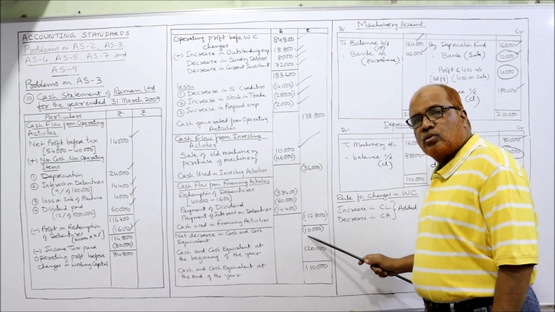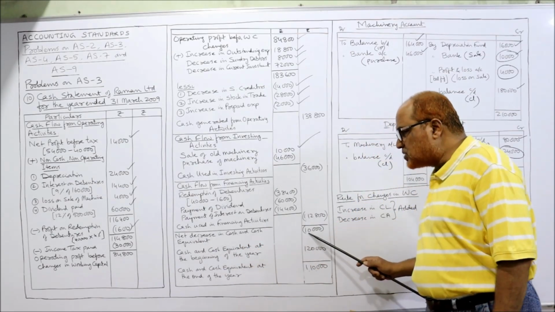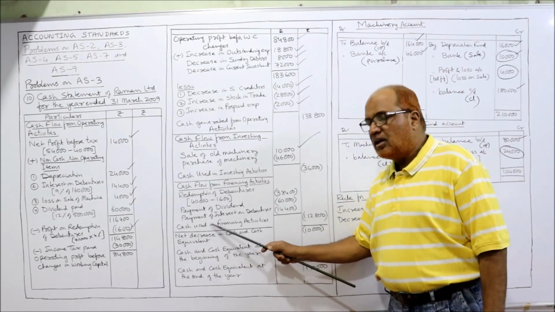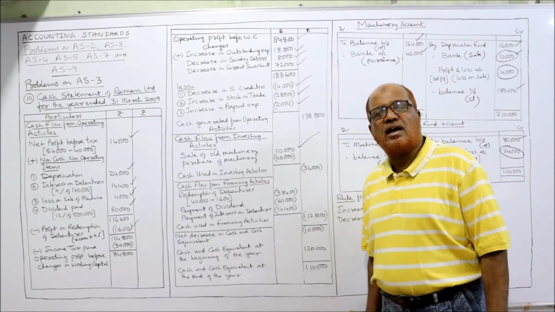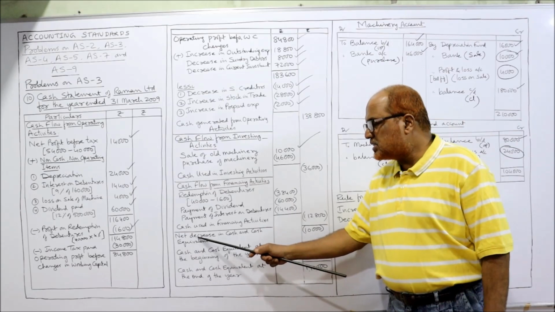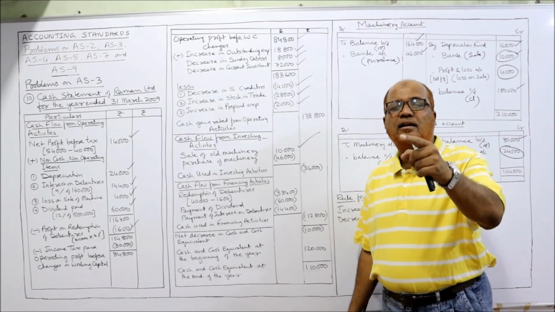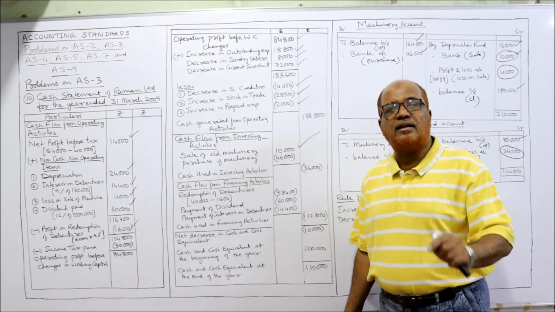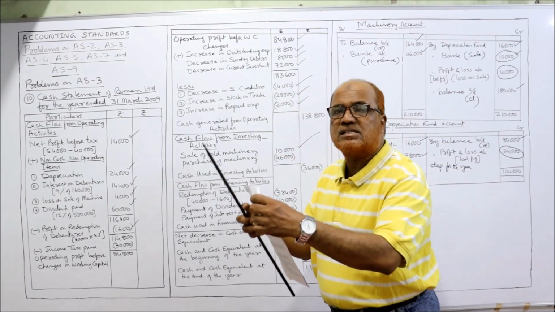Negative. So here you should write net decrease. If you get positive, net increase. If you get negative, net decrease in cash and cash equivalent. To this net decrease in cash and cash equivalent, we add the cash and cash equivalent at the beginning of the year. At the beginning of the year means last year.